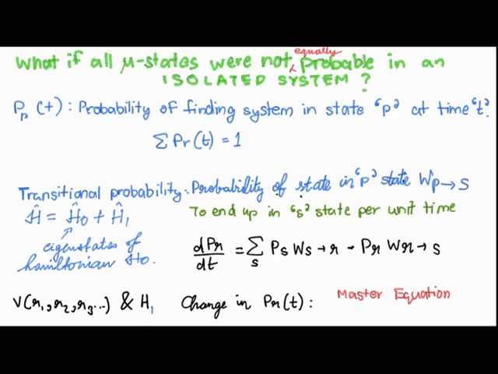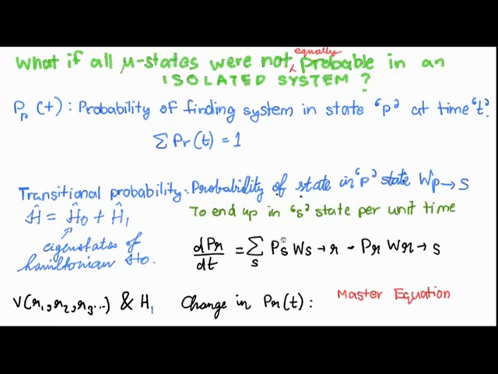And basically the broad picture is that some of those systems are in state, say, S, and they are relaxing with a transition probability of WSR going to R. So this is the transitional probability. So if they are in state S, a certain number of systems are in state S, then this is the probability of being in state S.